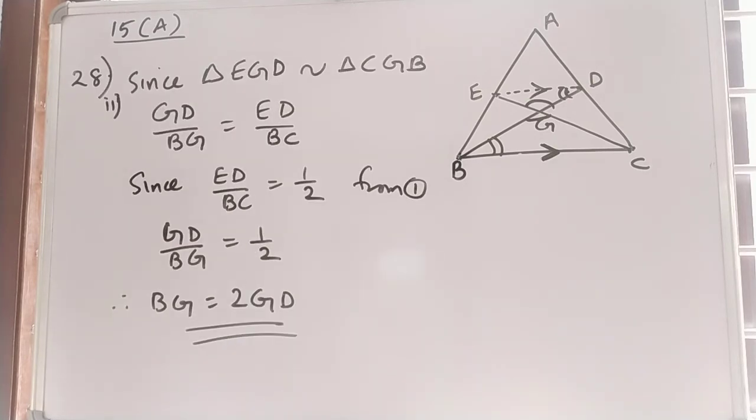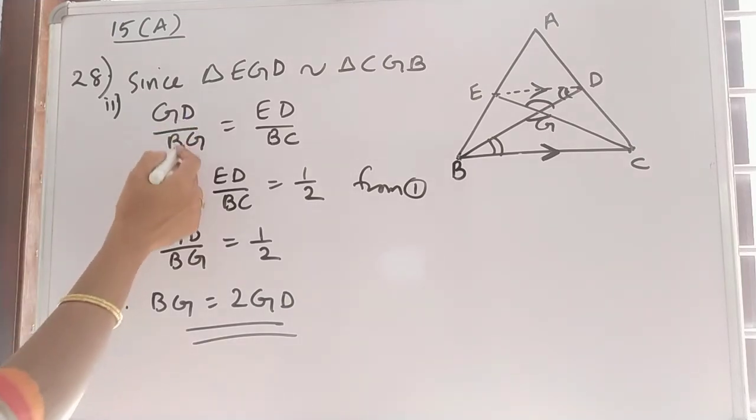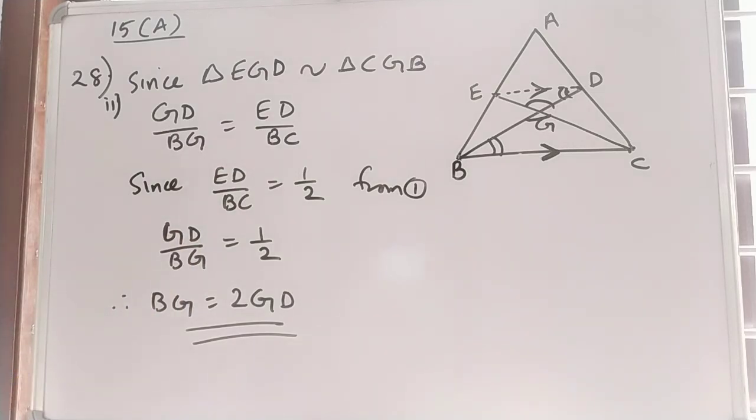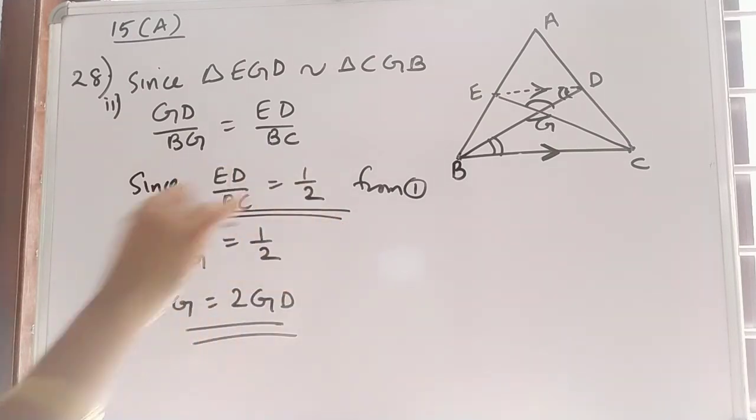Next we can prove the second one. From the first part, triangle EGD is similar to triangle CGB using the AA postulate. Since it is similar, we can write GD divided by BG is equal to ED divided by BC. But we already know ED divided by BC is 1 by 2 from the first part.